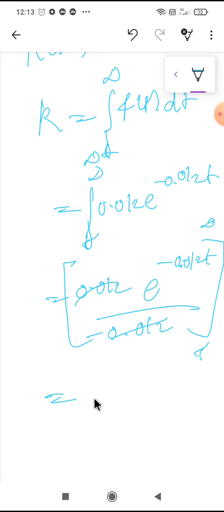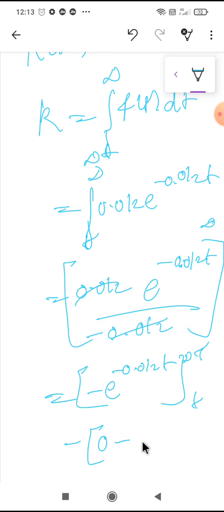So it will be minus e raised to minus 0.012 t from t to infinity. At infinity the value will be 0, so the function will be minus 0 minus e raised to minus 0.012 t.